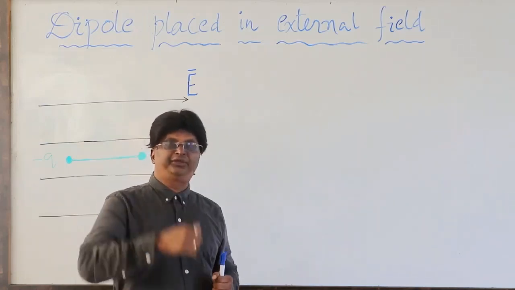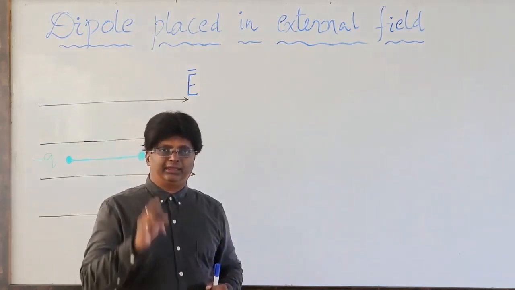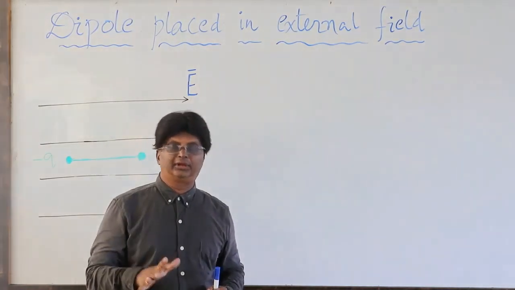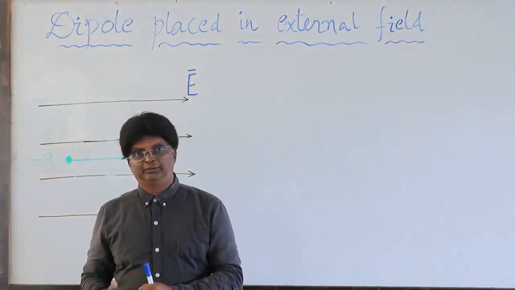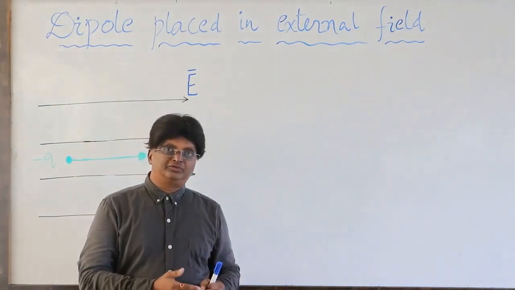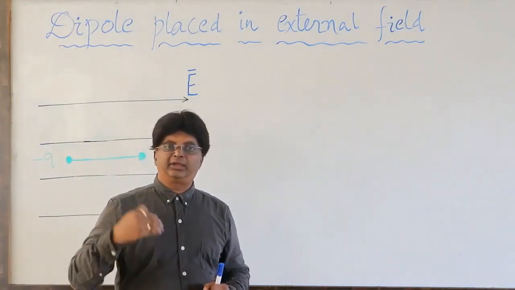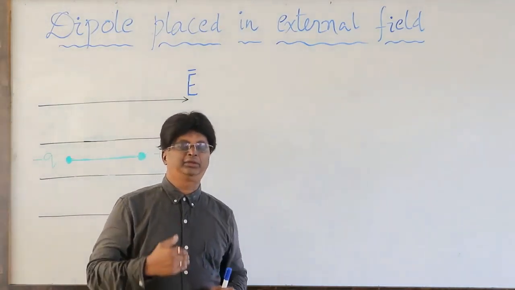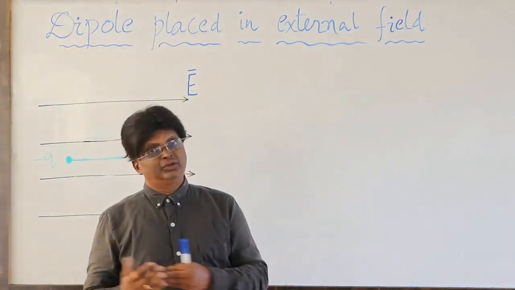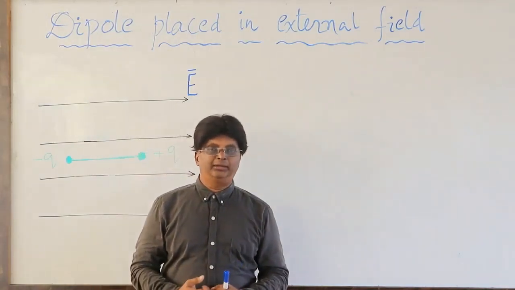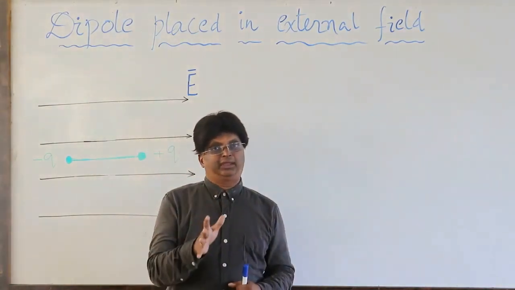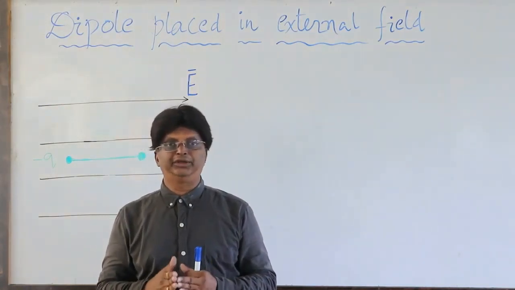Anything against force requires work to be done. In the case of translatory motion, we say anything against force, work needs to be done, whereas in rotatory motion, anything against torque, work needs to be done.